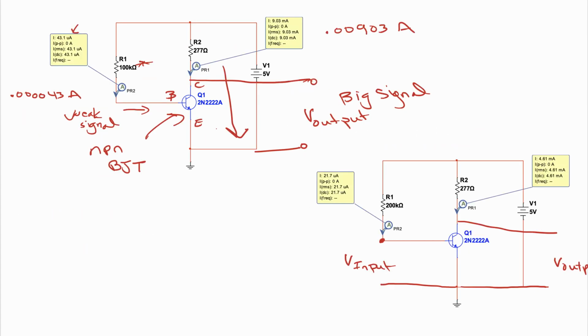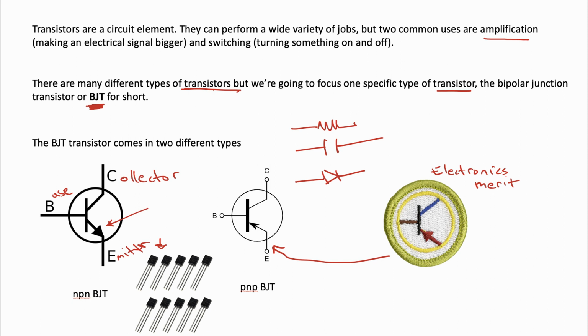I'm sure that it's very confusing if you've never seen it before. But the main thing I just want you to know when you see a transistor, someone says a transistor, I know it's used for making signals bigger, and it's used for switching. And if anybody asks you what's the symbol on the merit badge, you can say, I know that that's a transistor on the merit badge.